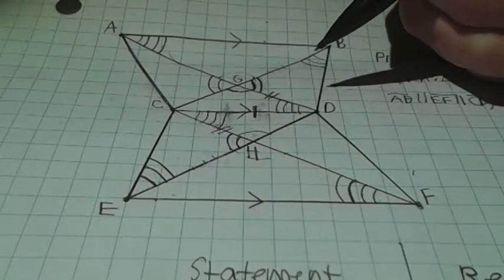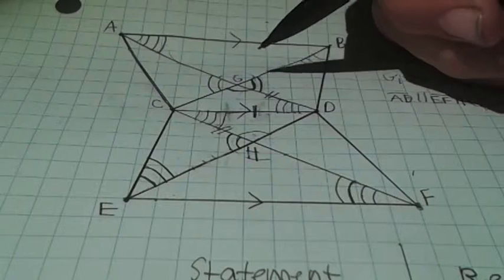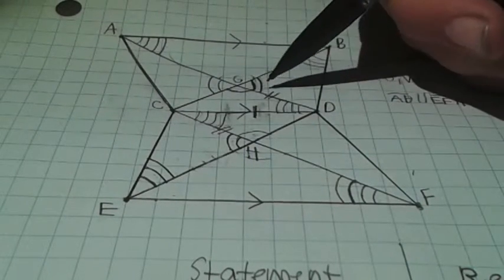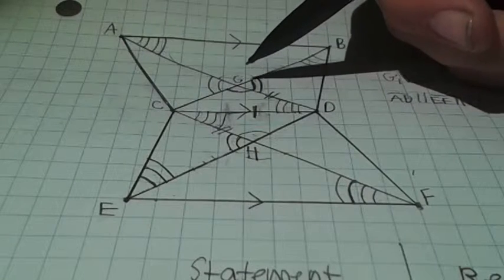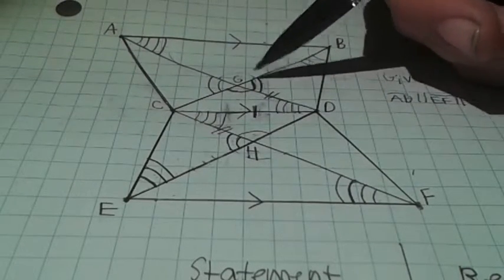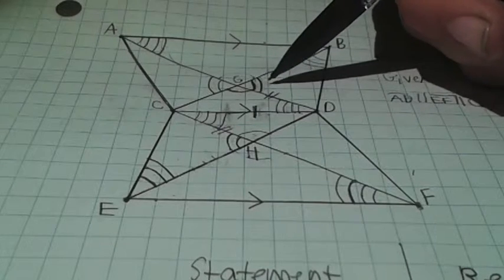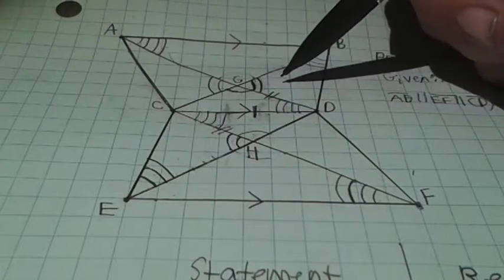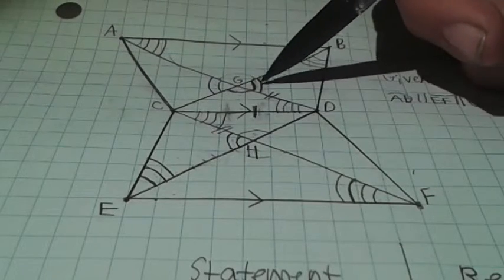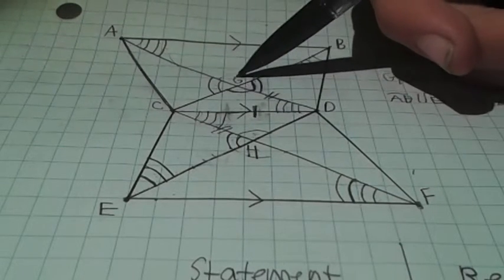So what the vertical angles theorem states is that when you have two intersecting lines or line segments that are both straight, the two pairs of angles that will be in them, the two pairs of opposite angles, that is, will be congruent, meaning that this angle will be congruent to this angle and this one to this.